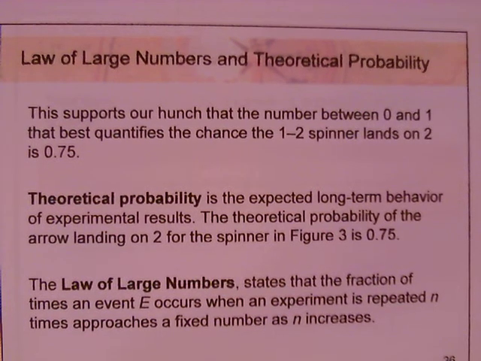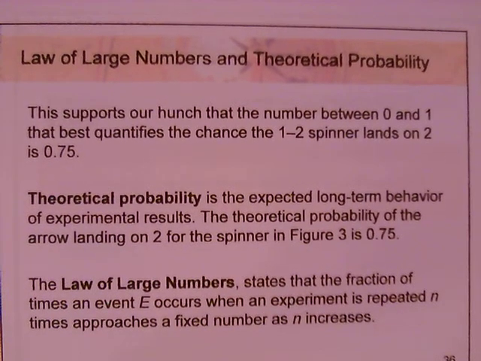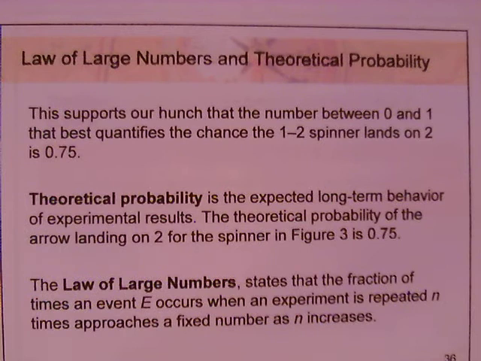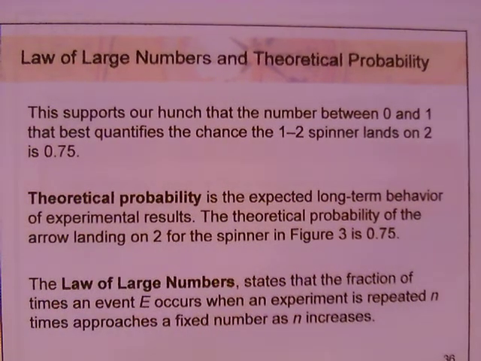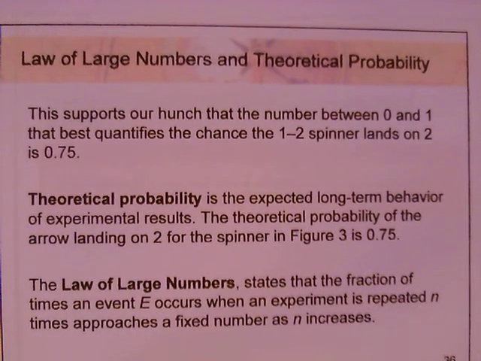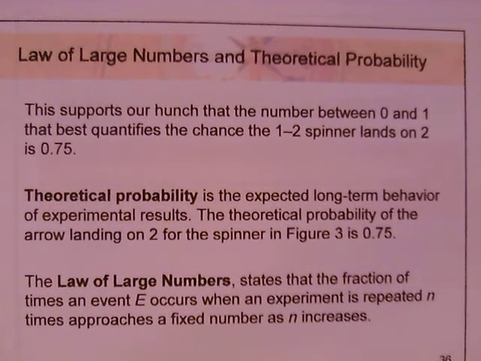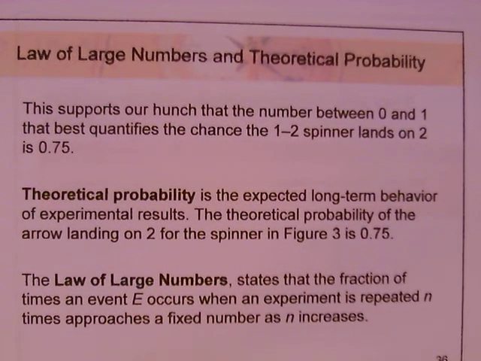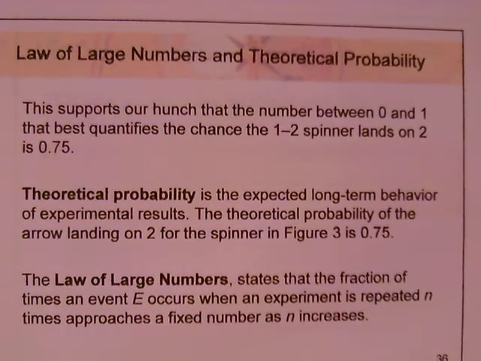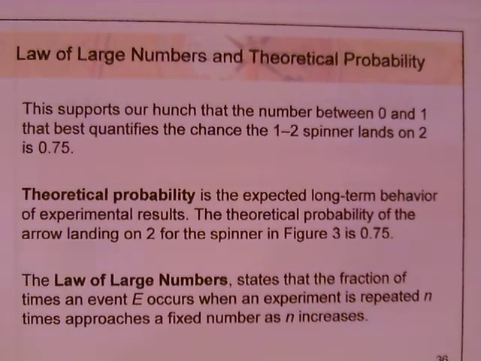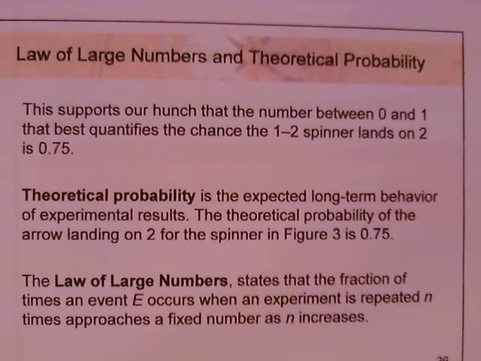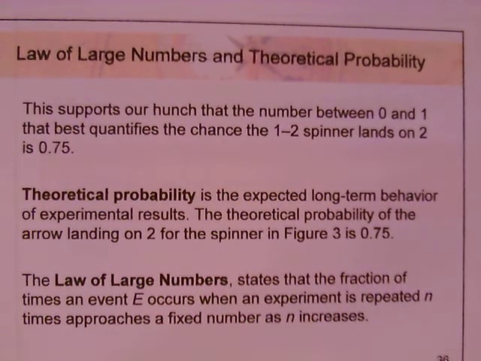The law of large numbers states that the fraction of times an event E occurs when an experiment is repeated n times approaches a fixed number as n increases. So as we let n get bigger and bigger, that means the fraction will get closer and closer to that theoretical probability value.